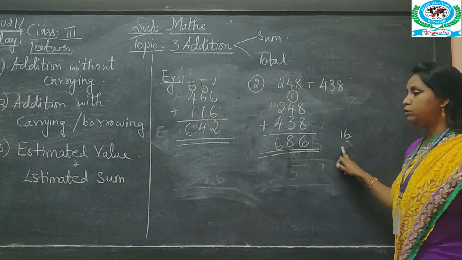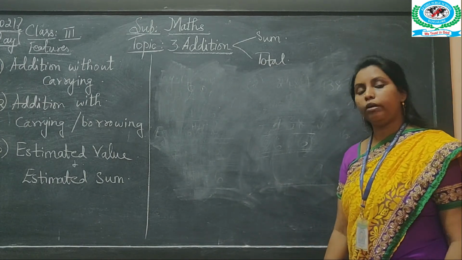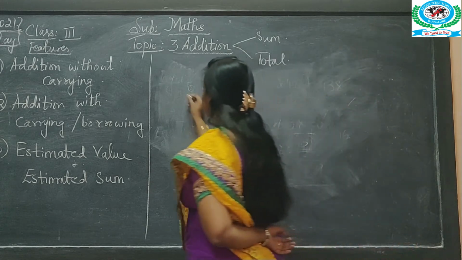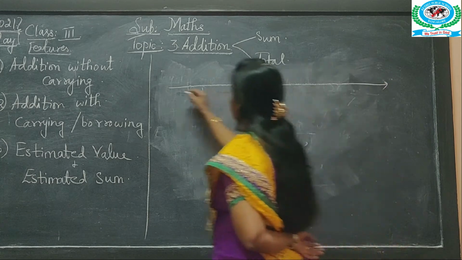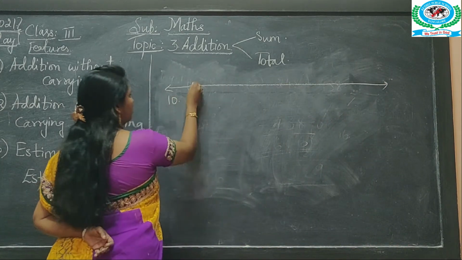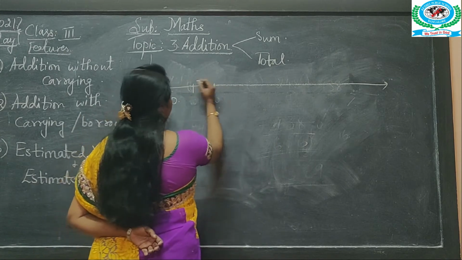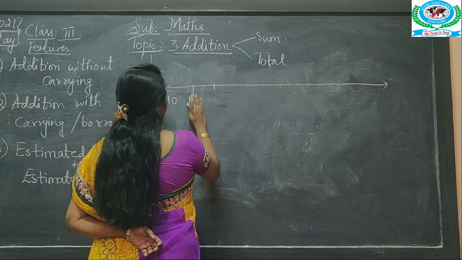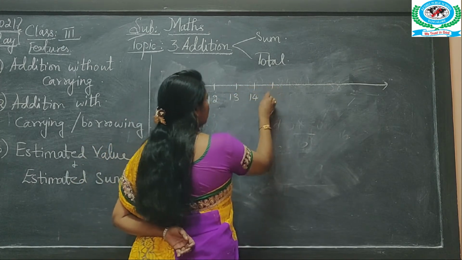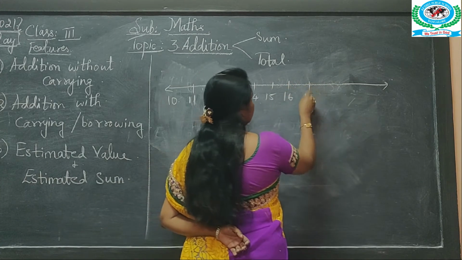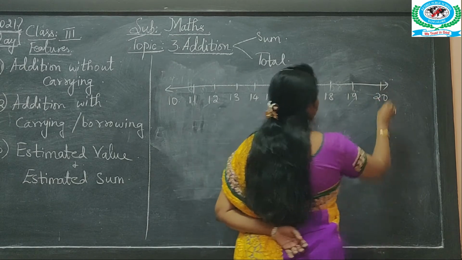When you have a two-digit value, and the estimated sum. Okay, what do you mean by estimated value? Suppose on a number line. Okay, so I'll start with 10, 11, 12, 13, 14, 15, 16, 17, 18, 19 and 20.